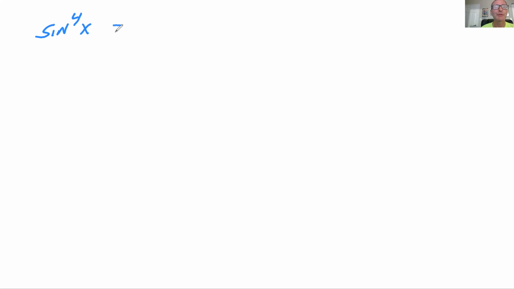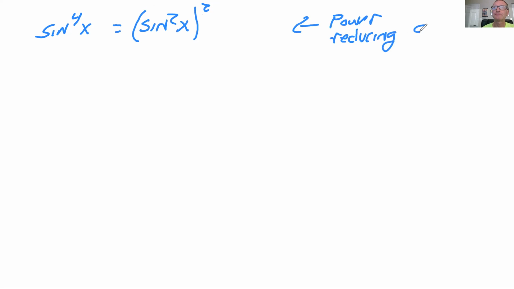So the strategy with this one would be, let's rewrite it where we have the square term. And then what you want to do is take this, and the first step would be the power reducing with the sine.